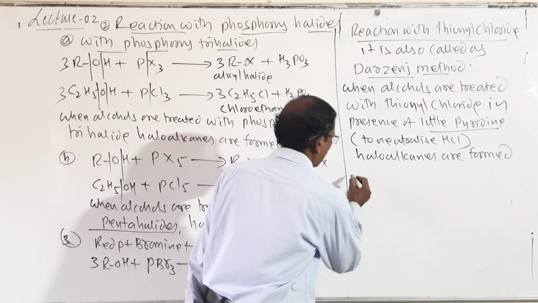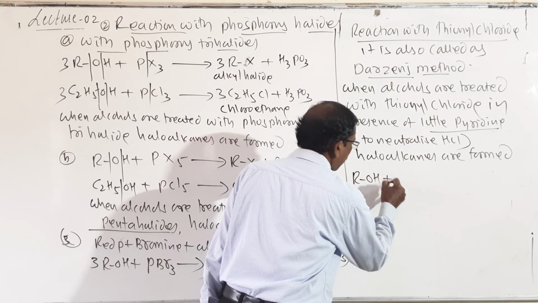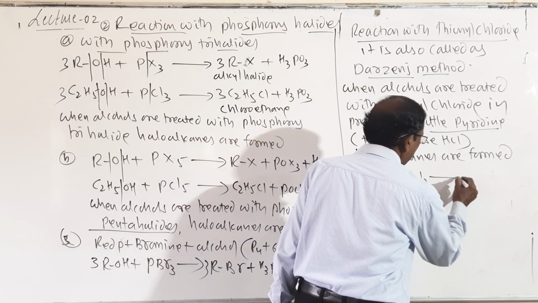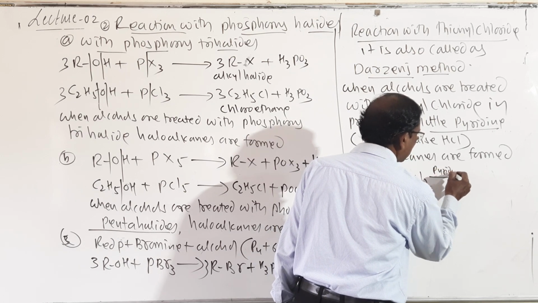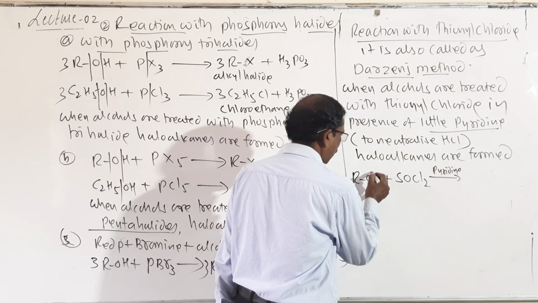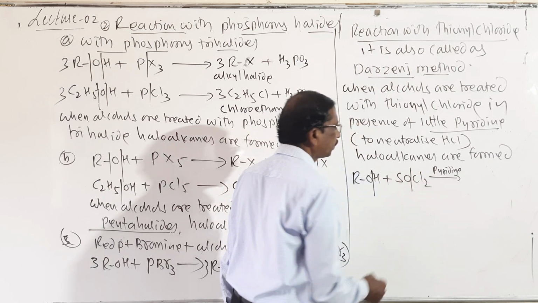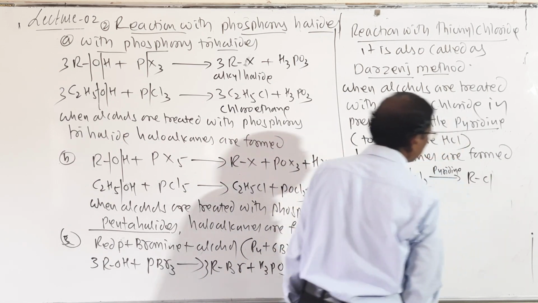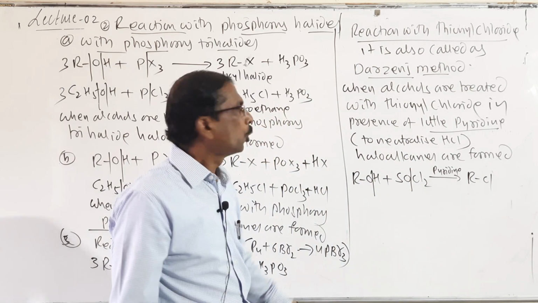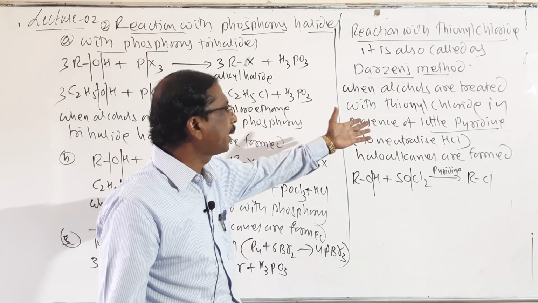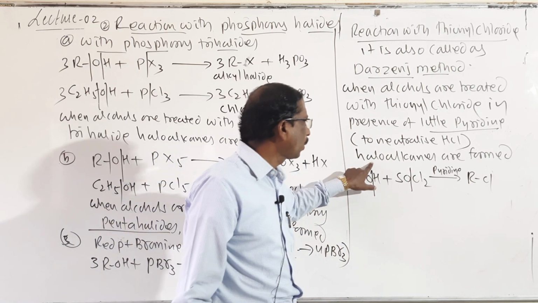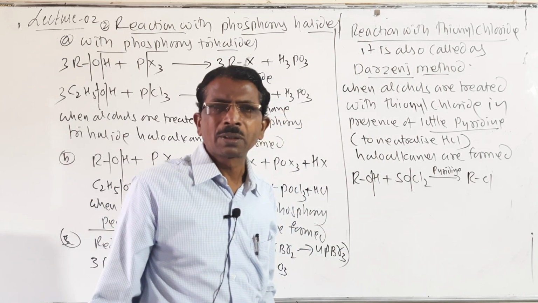Alcohol plus thionyl chloride, SOCl2, in presence of pyridine. Look here, it breaks like this, then it forms RCl. Instead of haloalkanes, you may also write chloroalkanes.